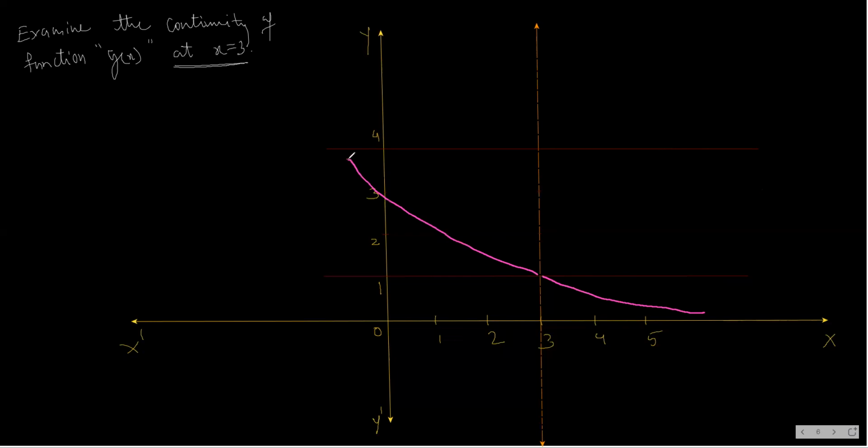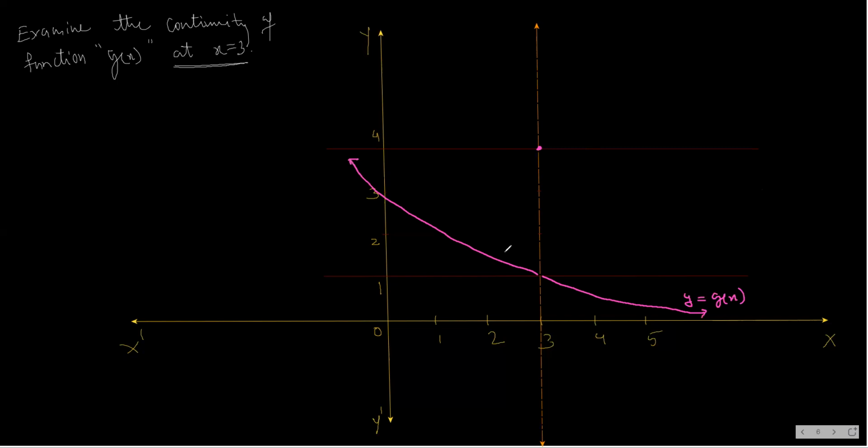From here, it might be going to some, it may go to infinity this way. We are not concerned, and here also. Right now, my point of concern is only 3. So what I notice here is that this is y equal to g of x. And there is one point here. See, this is how the function appears to be.